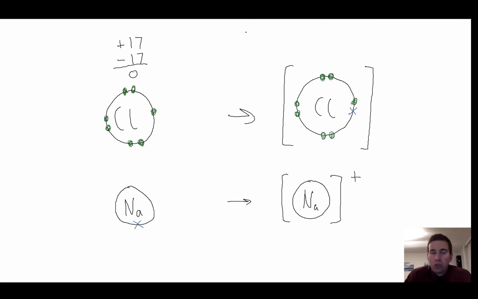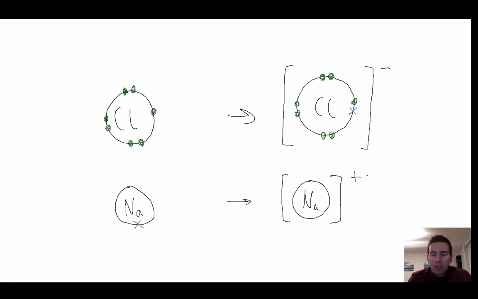Now, chloride ion has the same number of protons, but we have gained an electron. Therefore, the electrons contribute -18. Therefore, the charge on a chloride ion is -1. So we have formed our 2 ions. So what is the actual ionic bond?